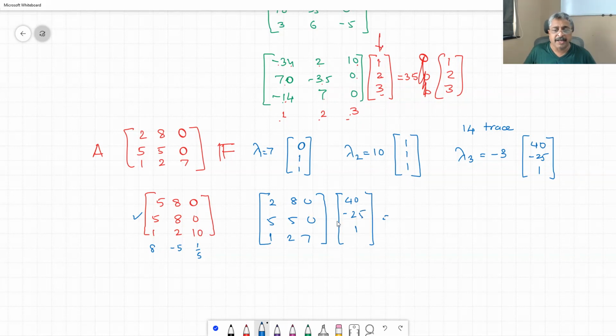Okay, 40 into 2, 80. 25 into 8, 200. First entry: minus 200 plus 80, correct. Second entry, 200 minus 125 is 75. And third entry, 40 minus 50, that is minus 10.